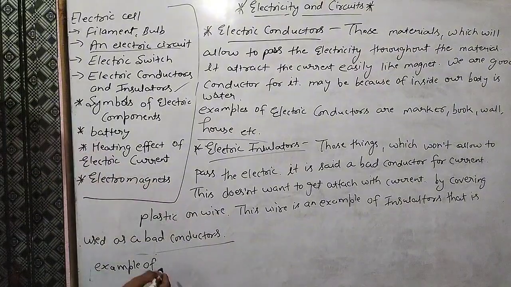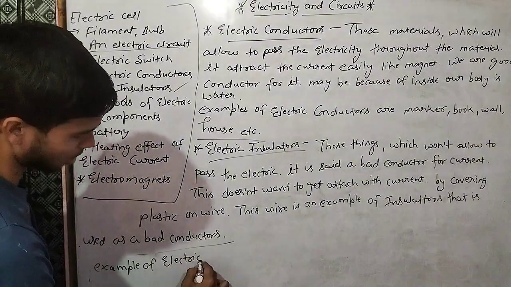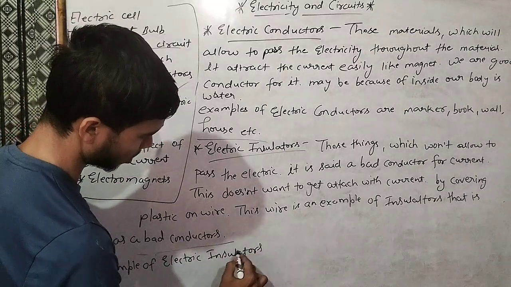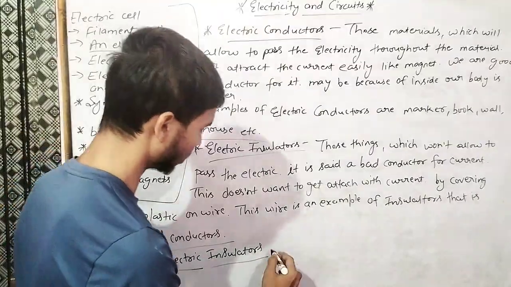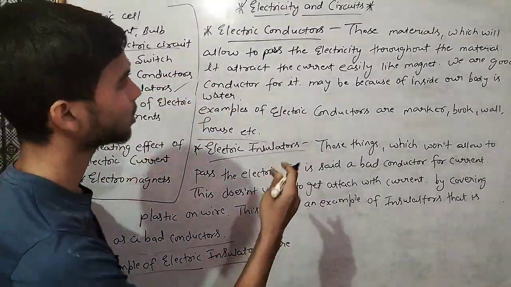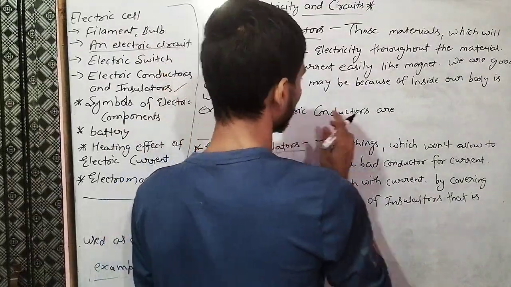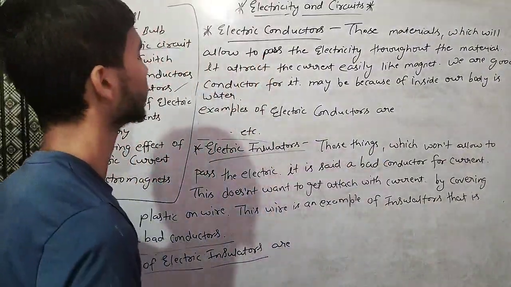Example of electric insulators are, this was wrong. These were not examples of electric conductors.